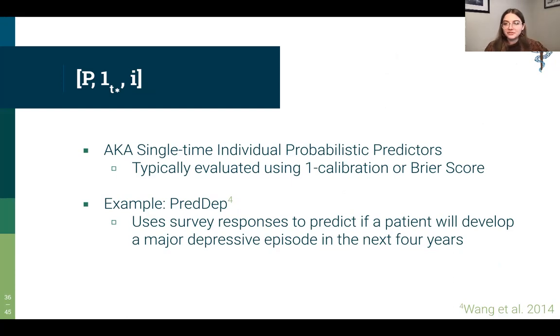Of course, if you're using Brier score, it will also be measuring the model's ability to discriminate. An example here is PredDep, or predicting depression. This uses survey responses to predict if a patient will experience some kind of major depressive episode in the next 4 years.